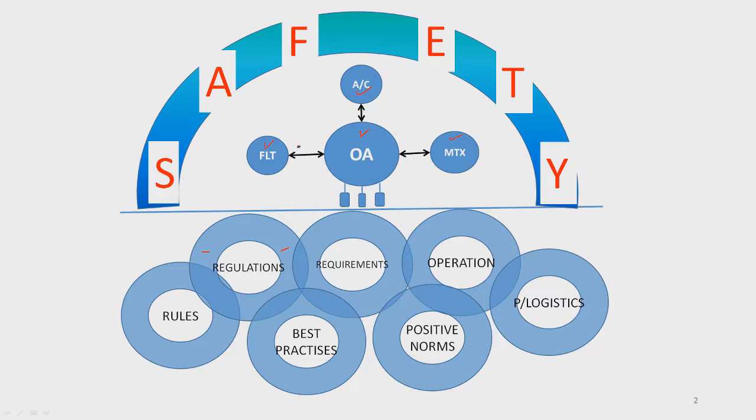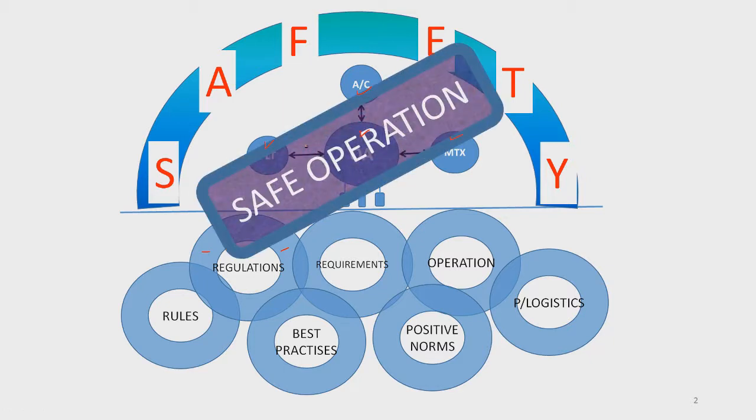Now, before we move to the next slide and start today's discussion, I would like to ask the question: what do you think is the main purpose, the main goal of all these complex systems and structures? And the answer is safe operation.